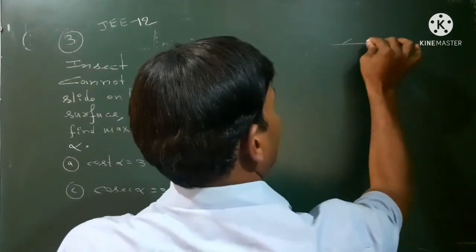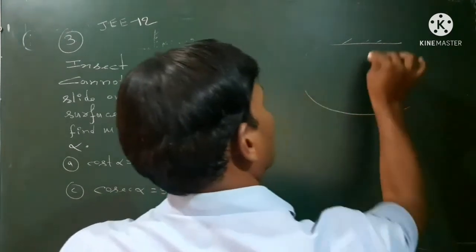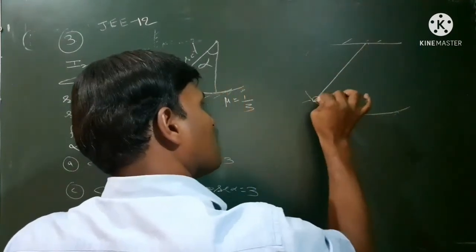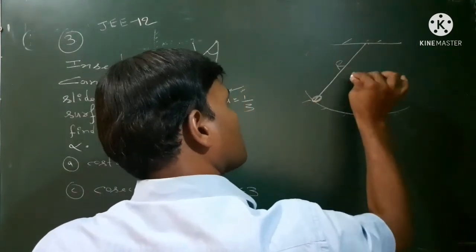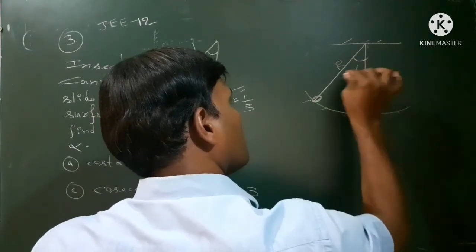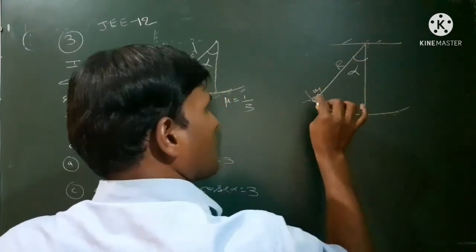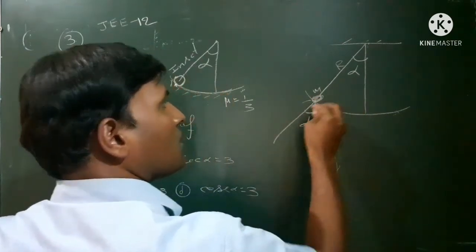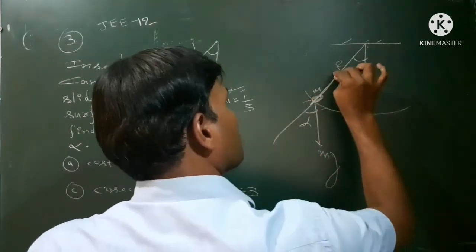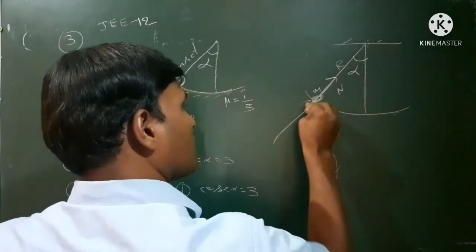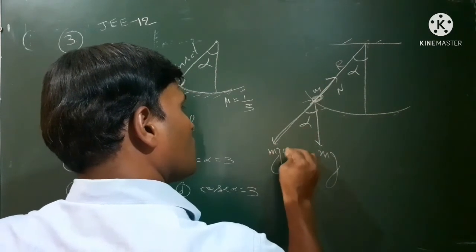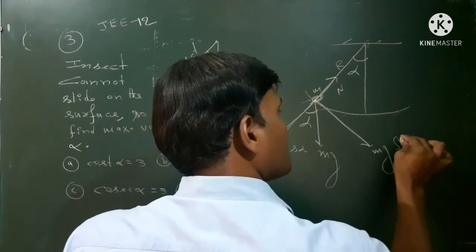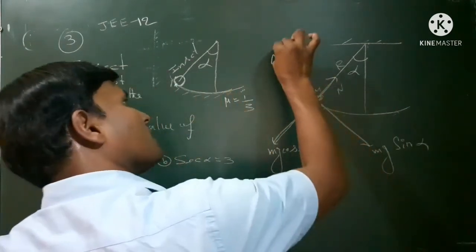We can solve it like this. This is the hemispherical surface, this is the radius of curvature, and this is the angle alpha, and the body is here, suppose of mass m, so mg will act here. The normal reaction will be like this, and the components of mg are mg cos alpha along the radius and mg sin alpha perpendicular to it, with the force of friction like this.